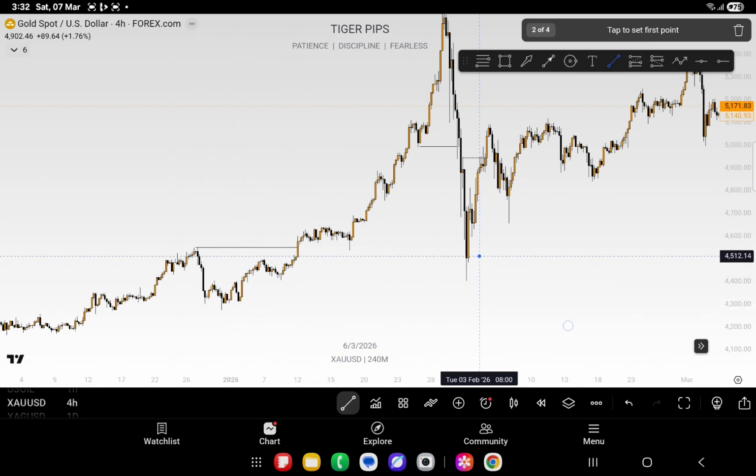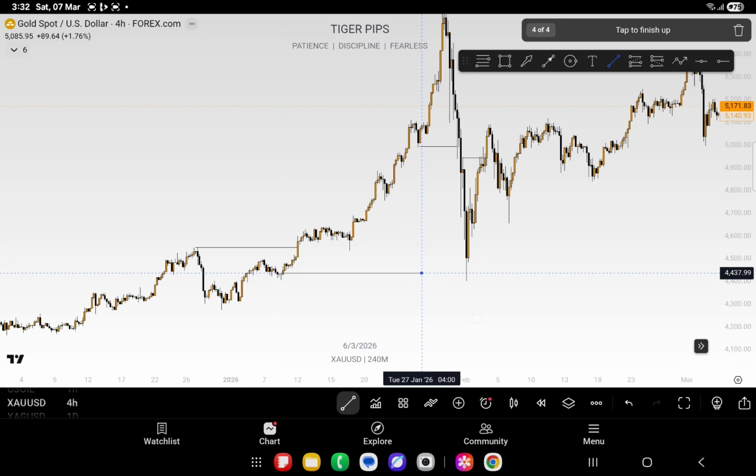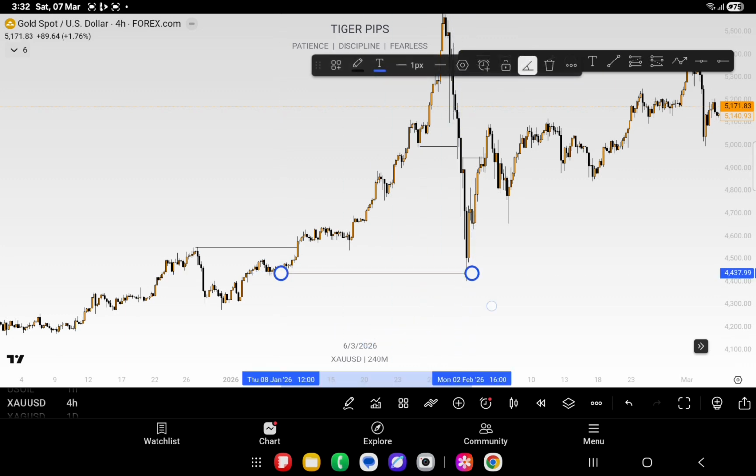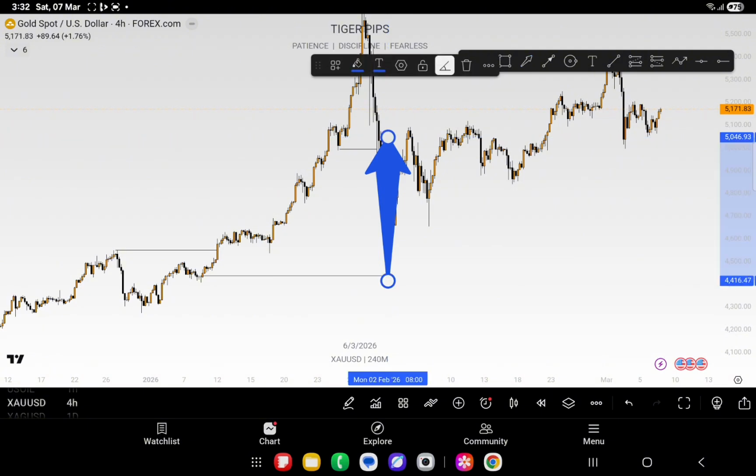After retesting, it gave us a shift or a reaction from somewhere around the order block, around the zone, and then we started looking for buys to the upside again, from this key level to somewhere around this bearish confirmation level of interest. That is what I'm trying to explain here.